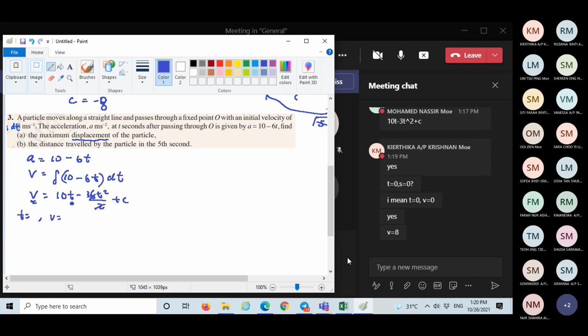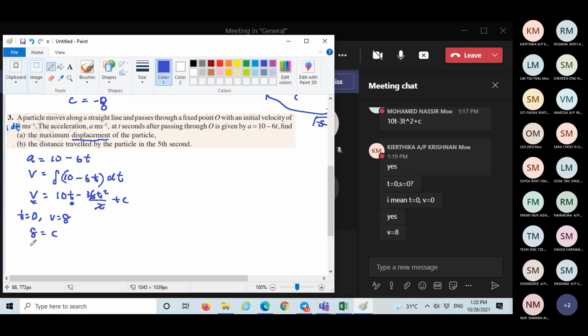Okay. When t is 0, v is 8. Okay, so now we substitute. Okay, this is 8. Again, when this is 0, this is 0. Okay, then C is 8.